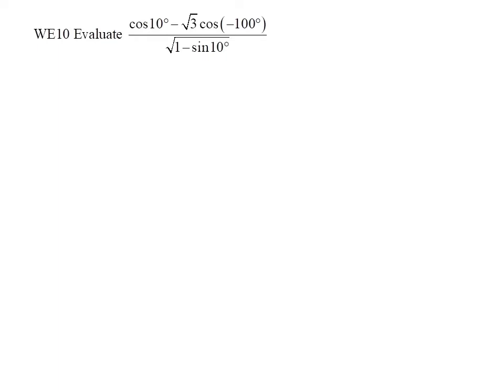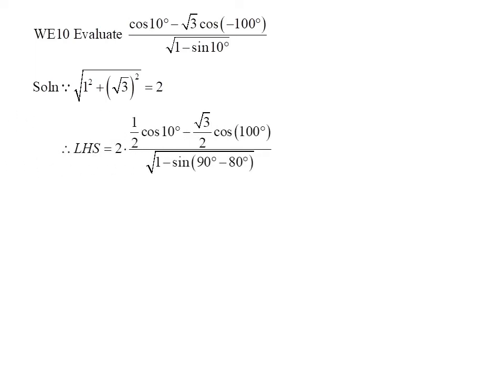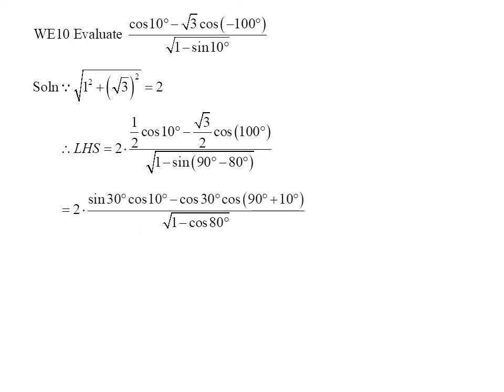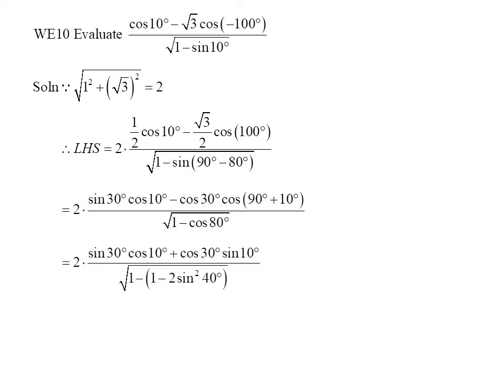Example 10 is to evaluate an expression with trigonometry functions. It contains sine and cosine functions. Similar to the previous example, the numerator is transformed by applying the addition formula, while at the denominator, sine 10 degrees is transformed to cosine 80 degrees, which is expressed as 1 minus 2 times sine squared 40 degrees.